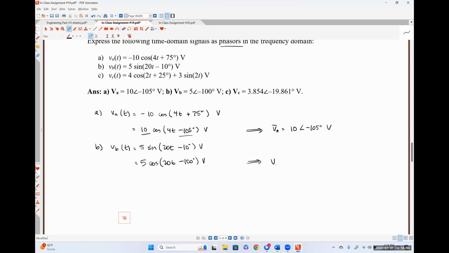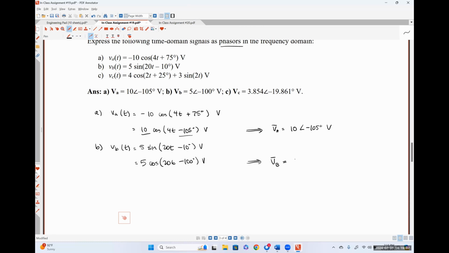So anybody care to venture a guess as to what our phasor representation of this signal should look like? It'd be 5 with the angle minus 100 degrees.